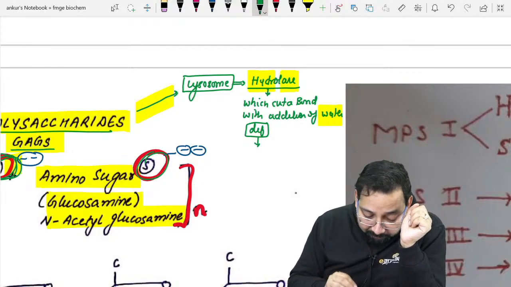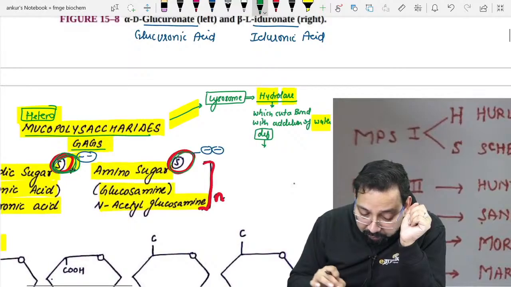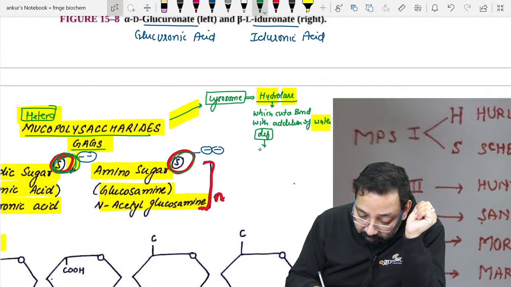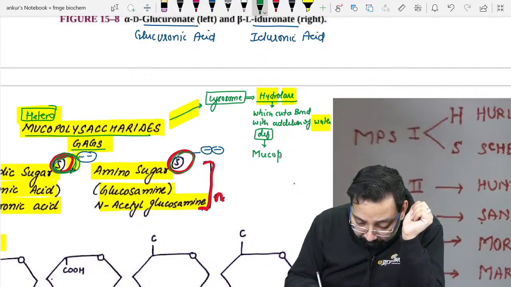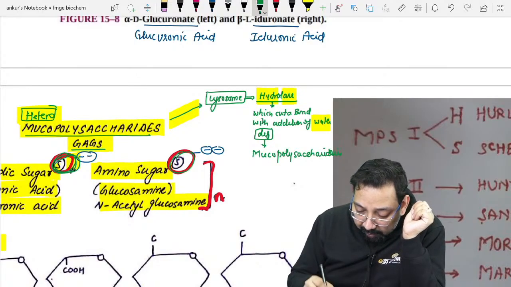That's why this is called mucopolysaccharidosis, MPS.